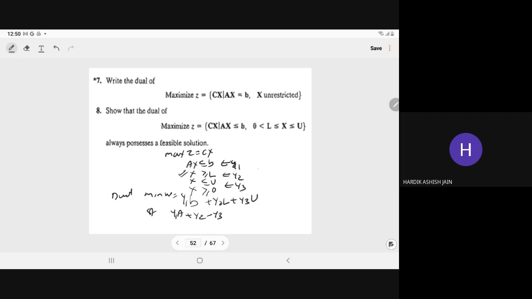So this can be written as minus x less than or equal to minus l. So this will be minus l, and here we have minus y2 plus y3 greater than or equal to c, and y1, y2, y3 are URS.